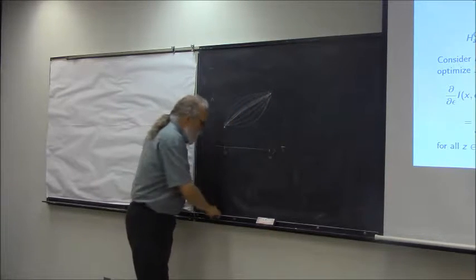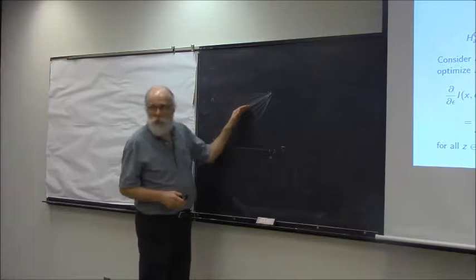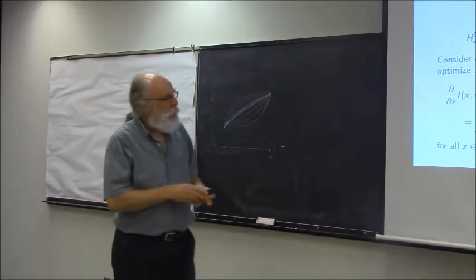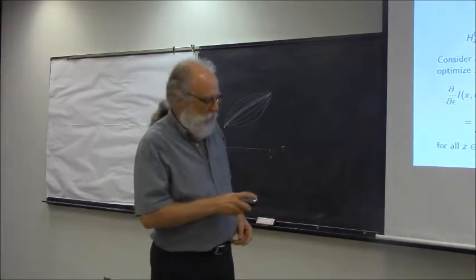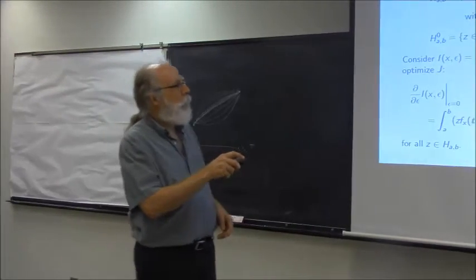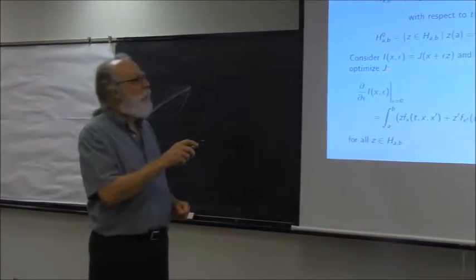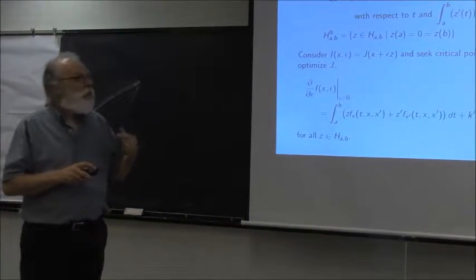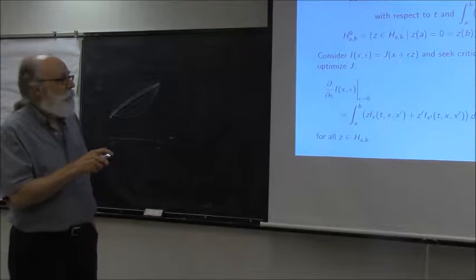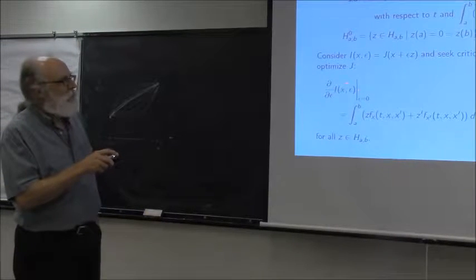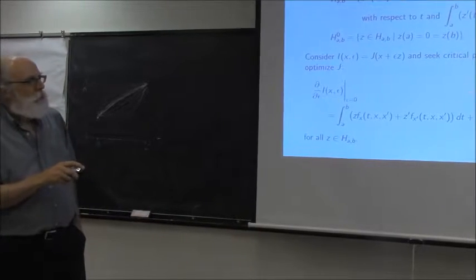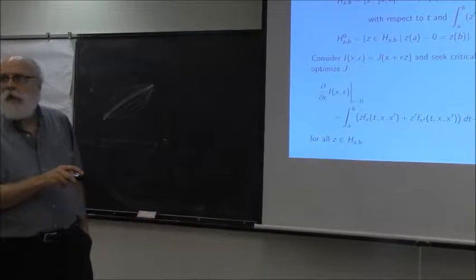And so if it's going to be the optimum, then as I change the input x of the function I'm looking at by a little bit, epsilon, if it's actually the optimum, then we'd expect the derivative with respect to epsilon at 0 to be 0. We'd have a critical point in epsilon.